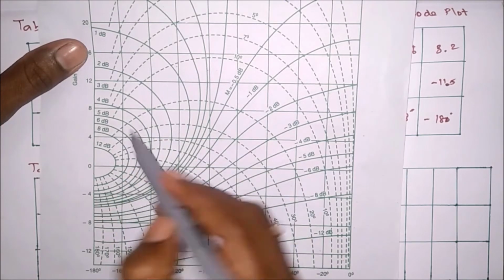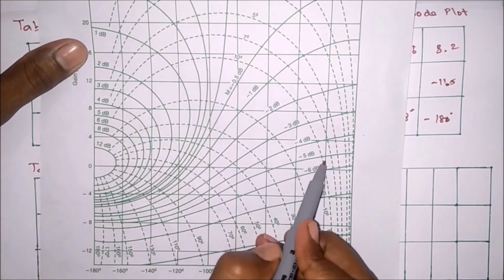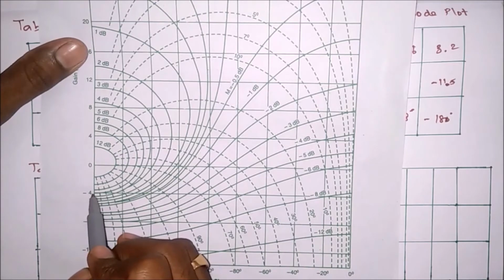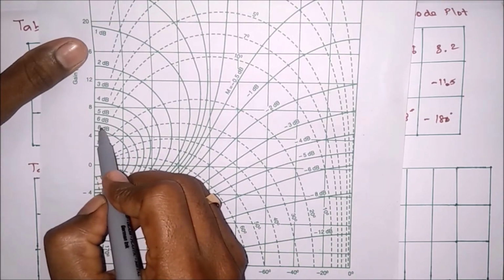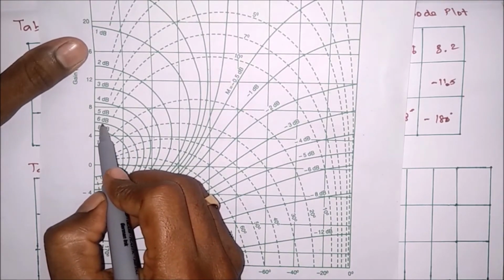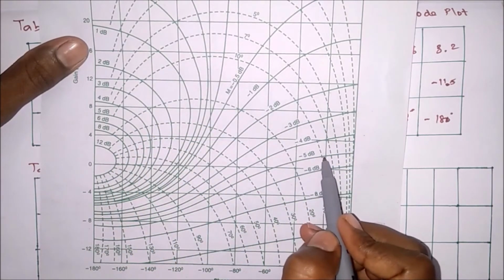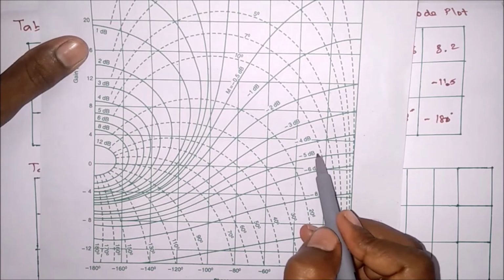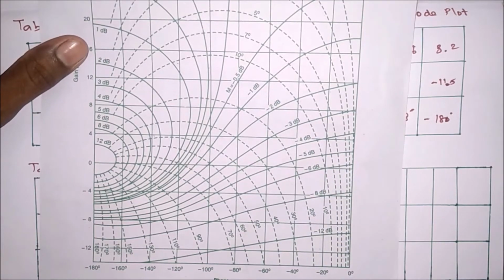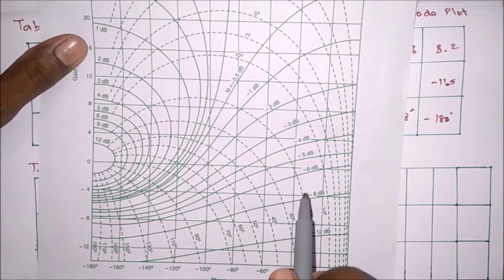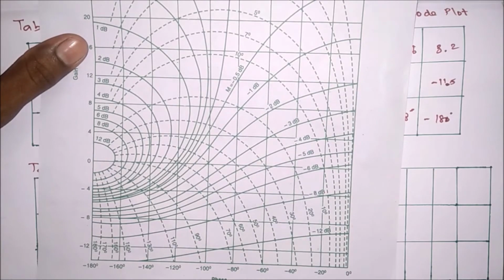The dotted line shows the N contour, which indicates the phase angle. So by using this Nichols chart, we can plot the magnitude plot and the phase plot, and we can find the various values of M and N. M means magnitude, N means degrees.